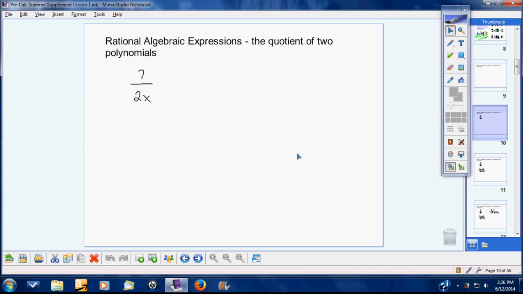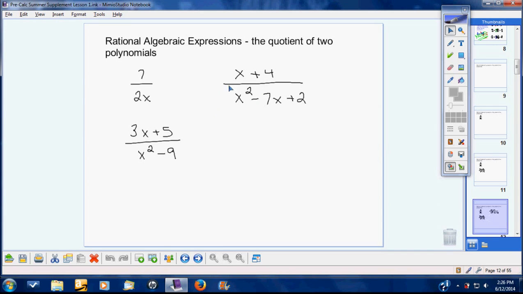I'm going to show you some other examples of polynomials here real quick before we get examples of things that can be simplified. Here's a quotient of two polynomials. This one happens to be a binomial divided by a binomial. And here's another one, a binomial divided by a trinomial, but those are all rational algebraic expressions.